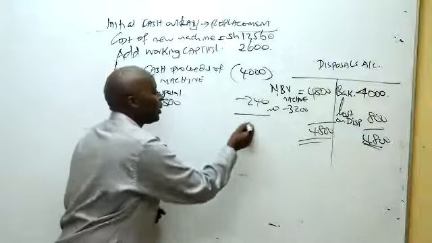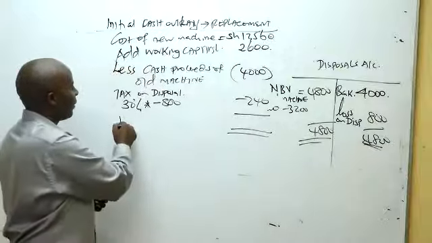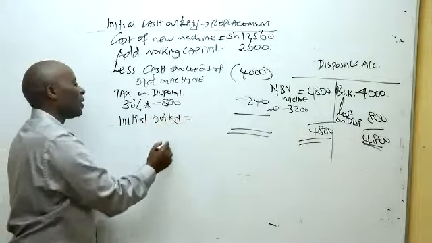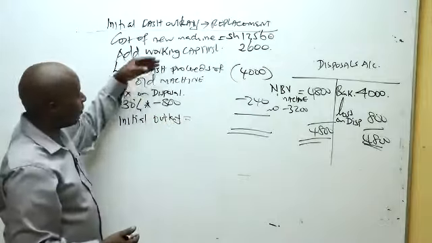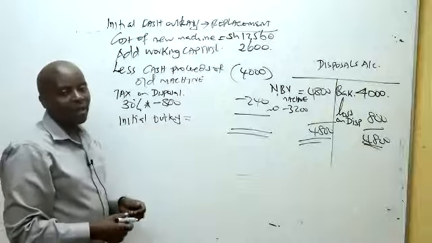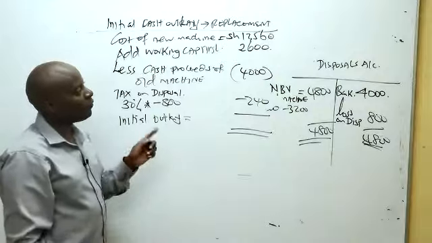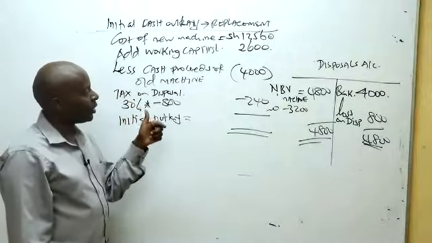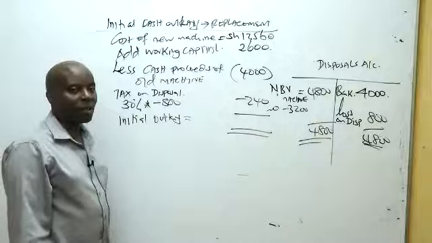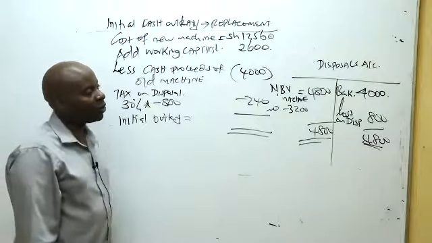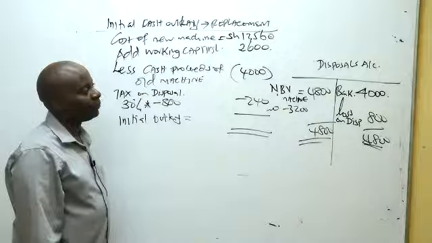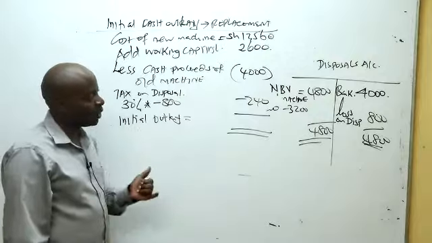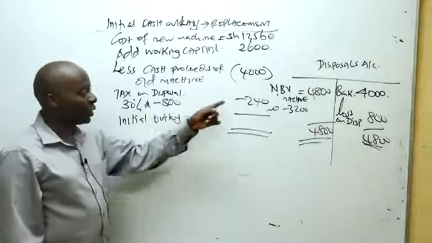Come and give us the initial outlay. Whenever they talk of existing machine, old machines, always remember this working. You can even cram it. So we have 12,560 plus 2,600. Those are expenses. These two are our incomes as a result of disposing the old machine. So in terms of income, disposing the old machine, we have the sales proceeds, and then we have the tax on this particular loss.